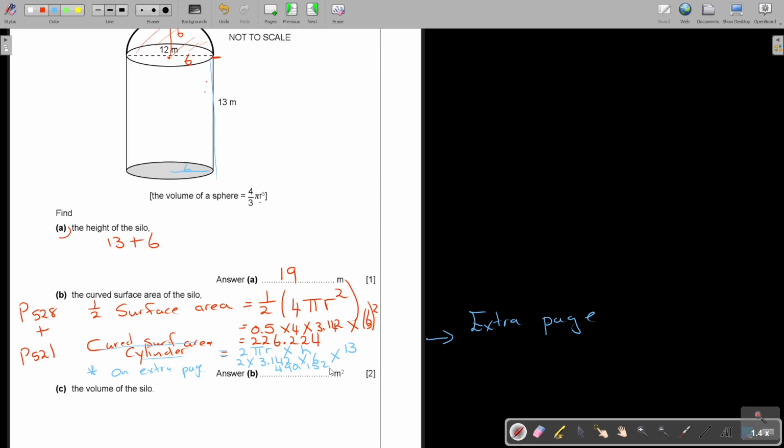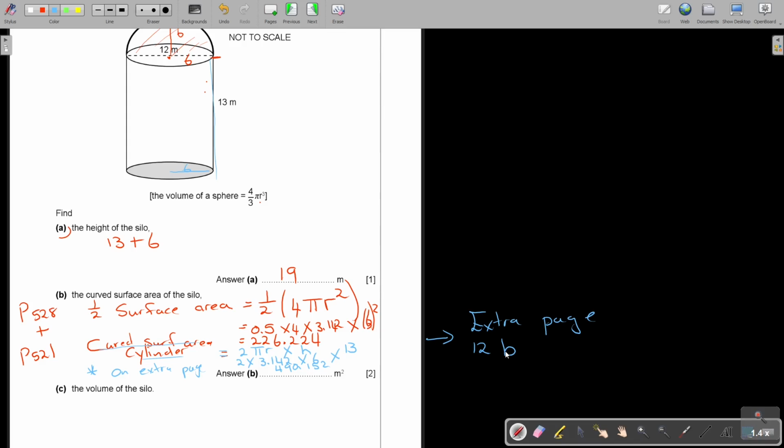I just didn't want to be so close to the answer. Do you see? Okay, but then the total surface area, and then if you go to the extra page, you make a star, question 12b, and you just say continue on extra page.